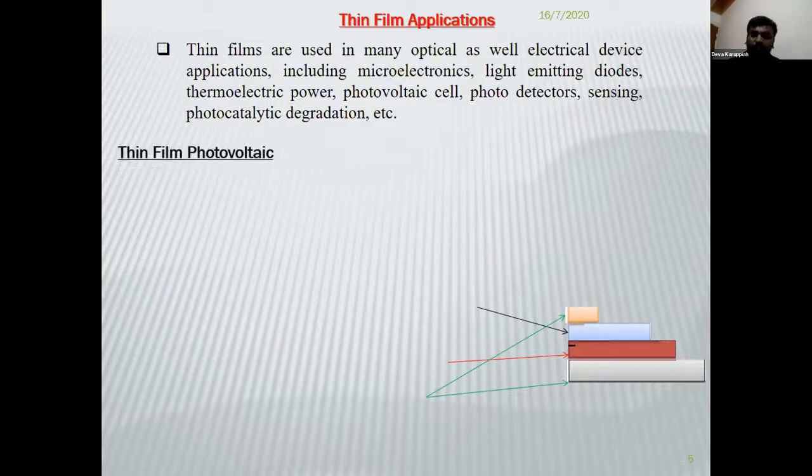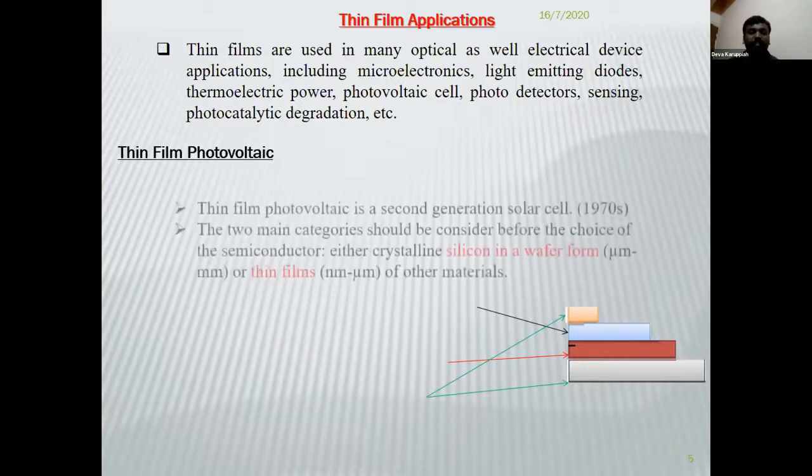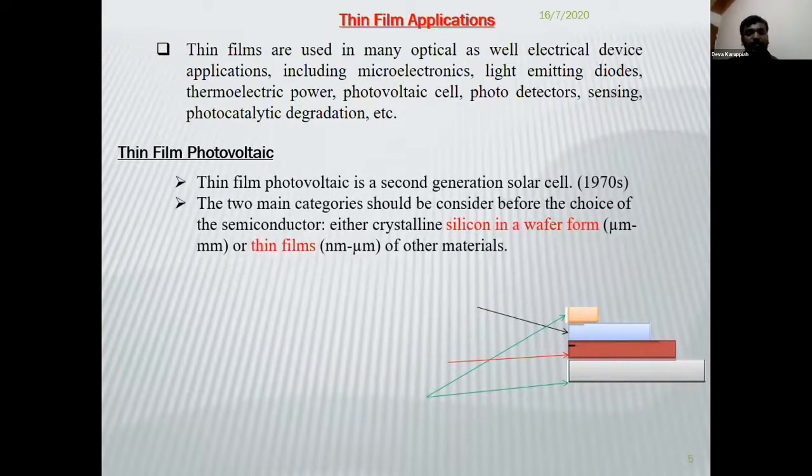Thin films are mainly used in photovoltaics, and as a TCO material in aluminum doped zinc oxide. Thin film photovoltaic is a second generation solar cell; the first one is amorphous silicon. These are the 2 main categories to be considered before the choice of crystalline semiconductor.